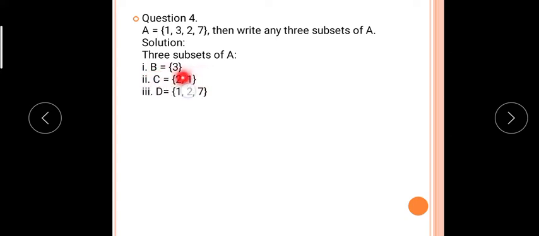So every element of C is present in A? Yes. And therefore C is a subset of A. And D, 1, 2, 7. So every element of set D is present in A? Yes, and therefore all these B, C, D are subsets of set A.